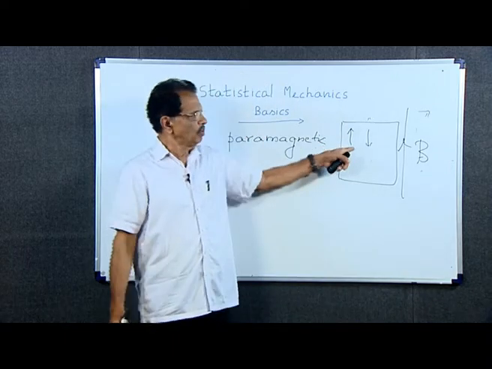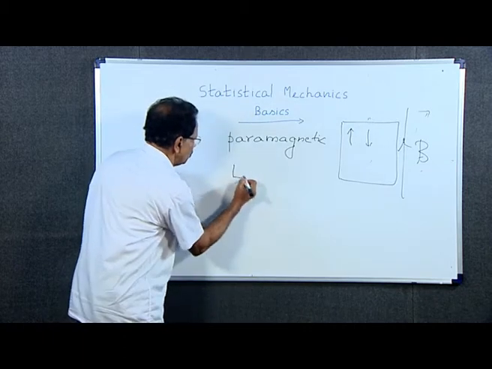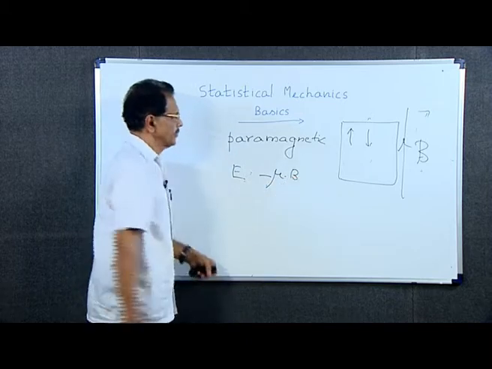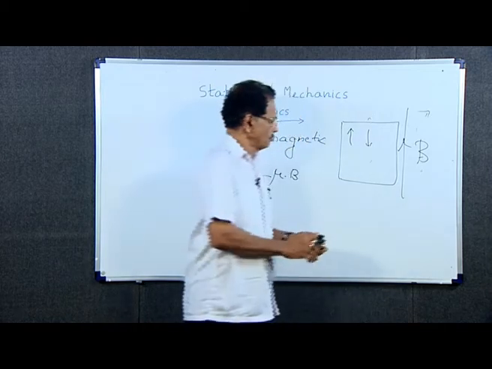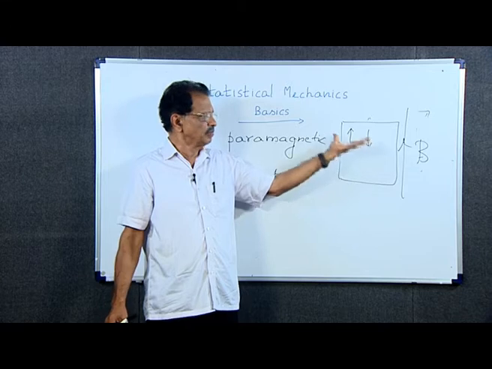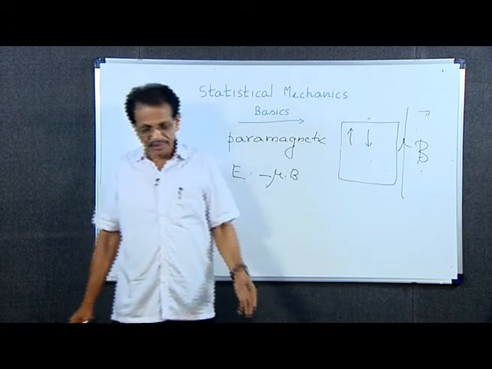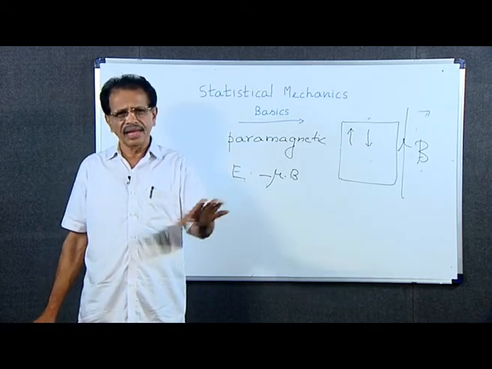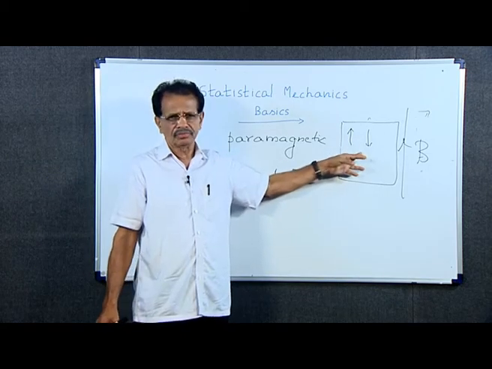Each dipole will interact with the magnetic field, and the interaction energy, as you all know, is minus mu dot B. Classically, all orientations are possible for these dipoles. But quantum mechanically, their orientations are limited. There are only finite orientations, and that depends on the angular momentum of these dipoles.